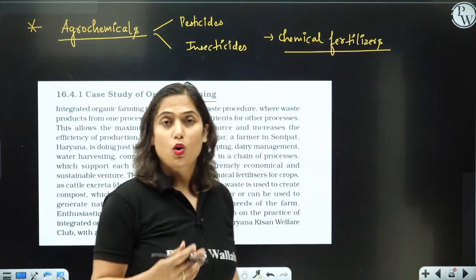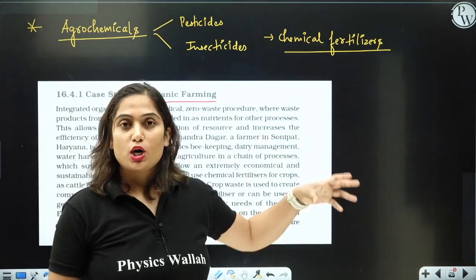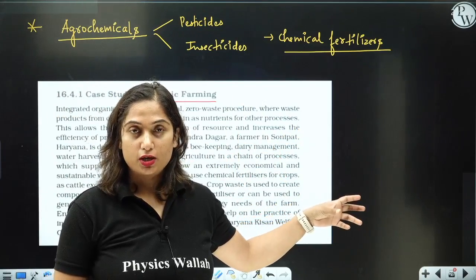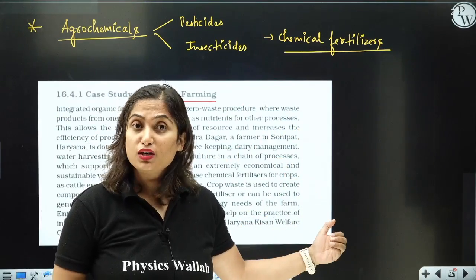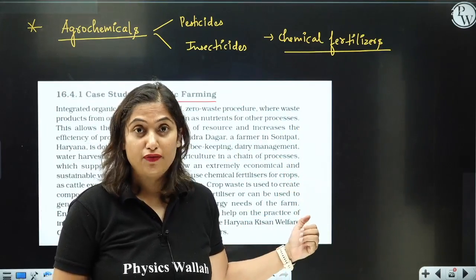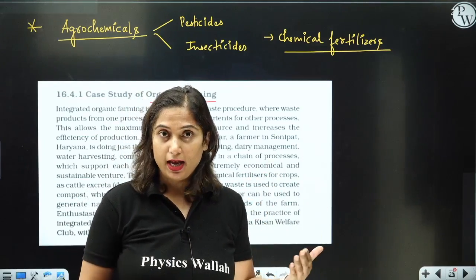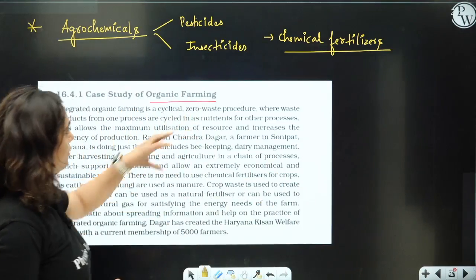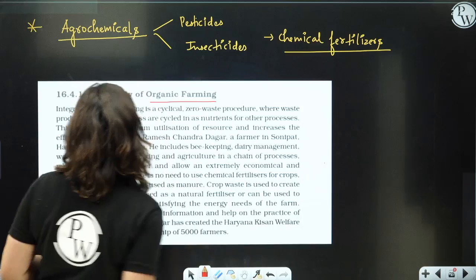These all are called agrochemicals, the chemicals which are used in the field of agriculture. And we know that pesticides, insecticides, and chemical fertilizers have a very harmful effect on our health, on the water bodies, on aquatic life. So there is a concept of organic farming in which we do not use these agrochemicals.